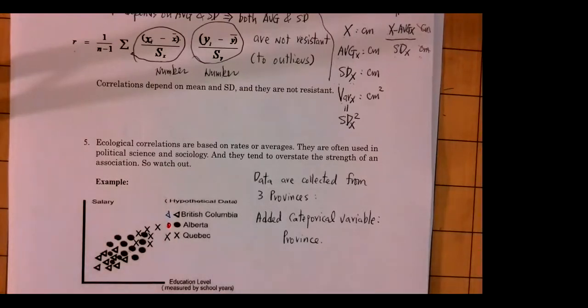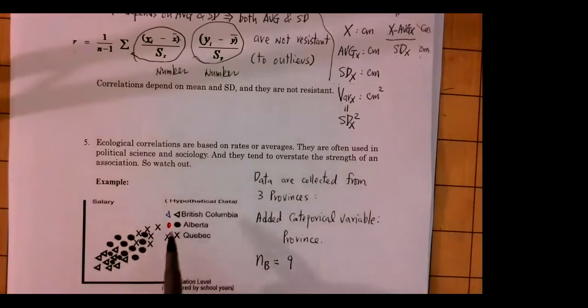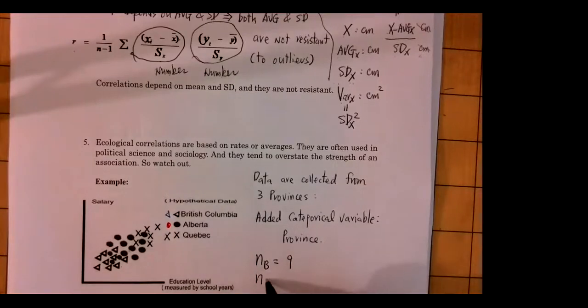Now let's count the data set. The data collected from British Columbia. 1, 2, 3, 4, 5, 6, 7, 8, 9, okay? So the data size from BC is 9, okay? How about Alberta? 13, okay? And Quebec is 6.